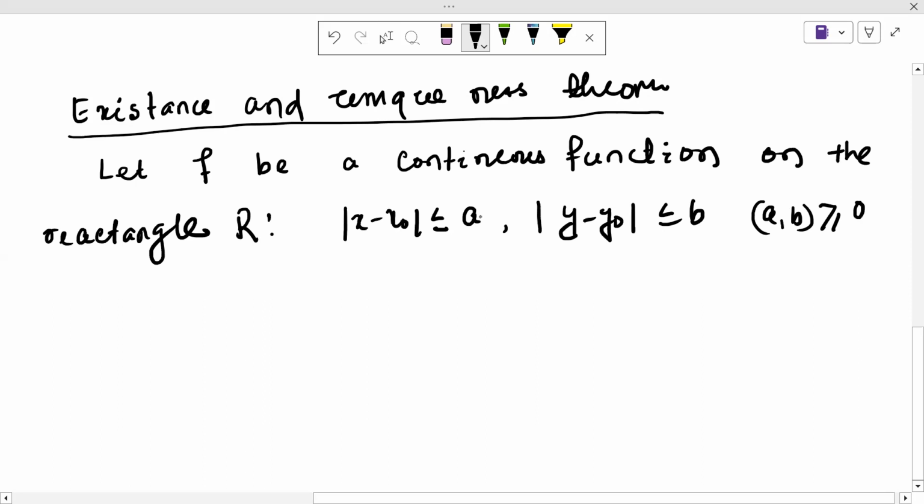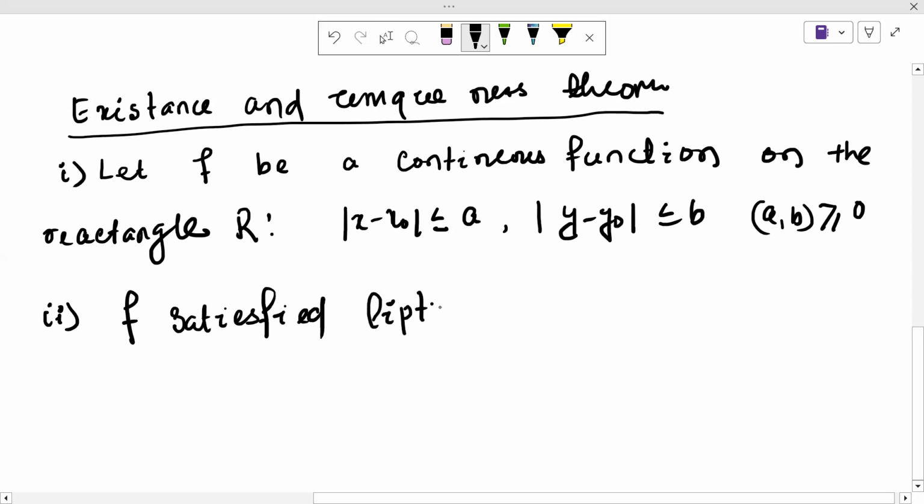And the second condition: f satisfies the Lipschitz condition on R. This is the first point. Second point, f satisfies the Lipschitz condition. What is the Lipschitz condition actually?